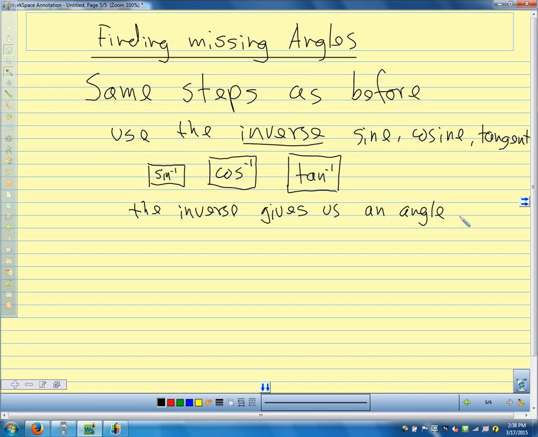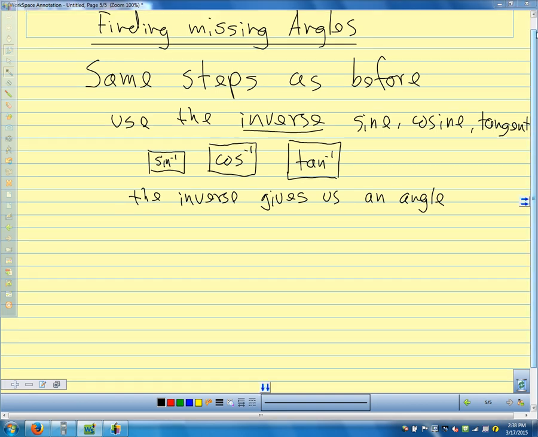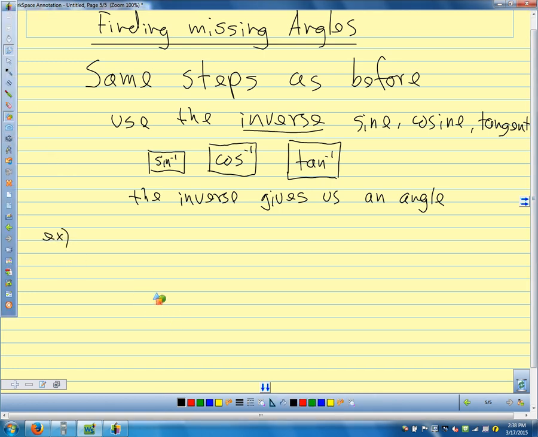We write our equation the exact same way, except this time instead of a side being x, or whatever we're trying to find, an angle is going to be x. And then to get our angle, we're going to use an inverse trig function. So let's look at an example of using an inverse. Everything's exactly the same, we just use a different button on our calculator.